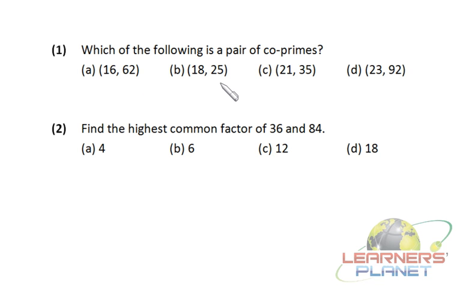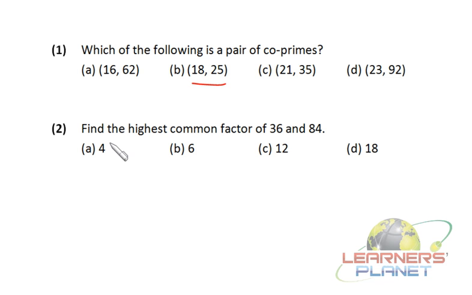Here 18 and 25, nothing is common between them, so it's a pair of co-prime numbers. And 21 and 35, definitely 7 is common, and 23 and 92, 23 is a factor of 92, hence 23 is common. So a pair of co-primes over here is 18 and 25.